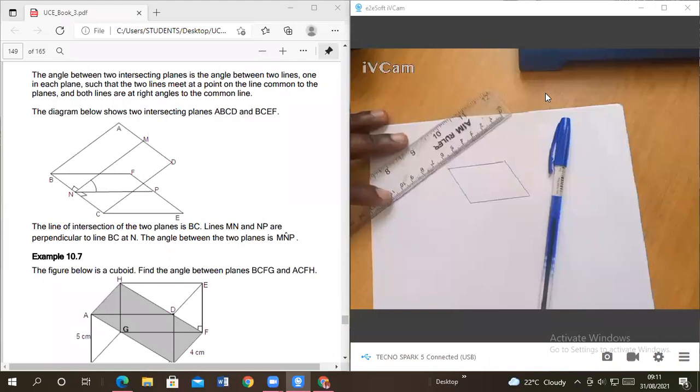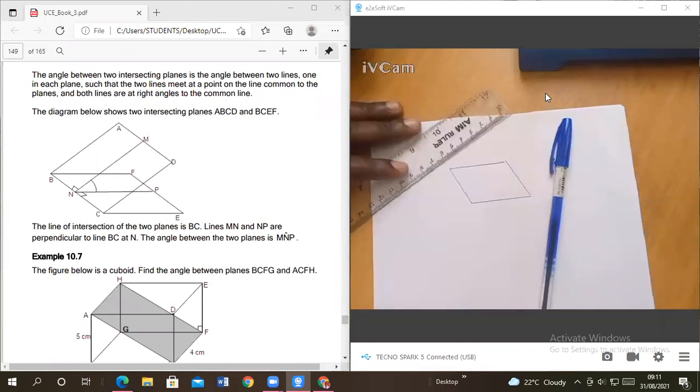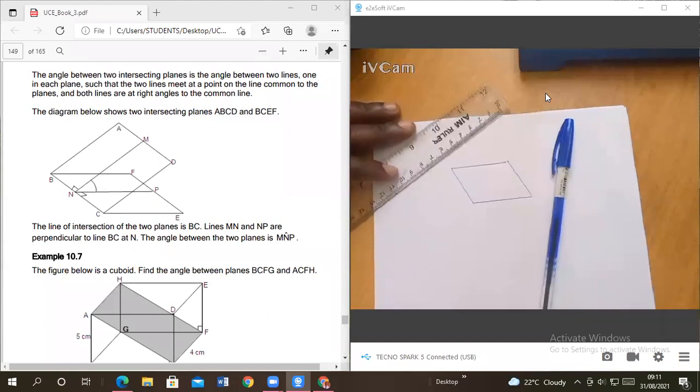So previously in 3 dimensions, we have looked at very many things. First of all, when we started 3 dimensions, I think 2 weeks back, we said that in 3 dimensions we are looking at shapes that have their sides in 3 directions: in the X, in the Y, and also in the Z direction.